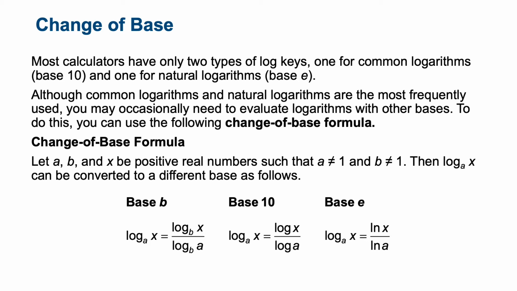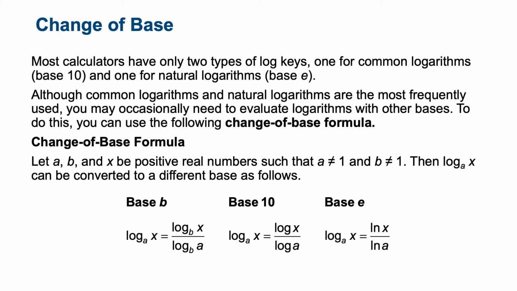To do this, we use something called change of base. Suppose you have numbers a, b, and x that are positive, where a and b are not 1. Then you can convert log base a of x to a different base in one of three ways. You can rewrite it as log base b of x over log base b of a.